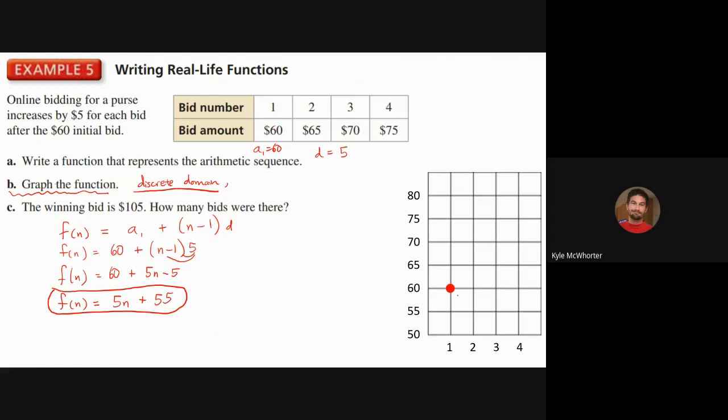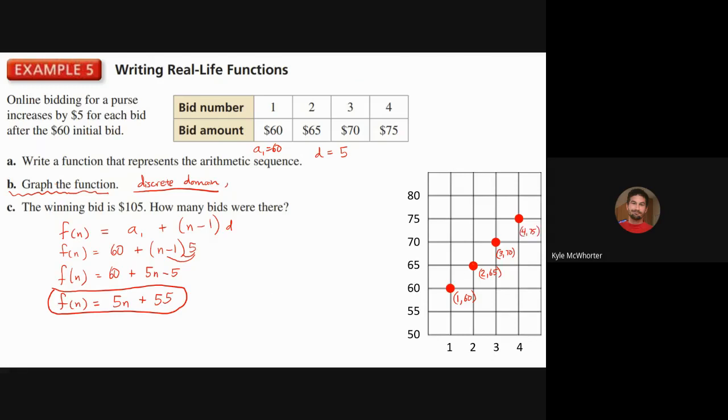So 1, 60. 2, 65. 3, 70. And 4, 75. So that's the graph.